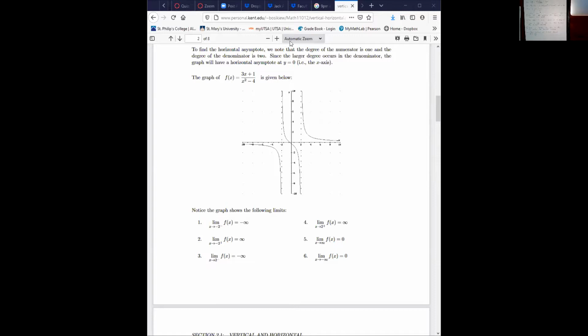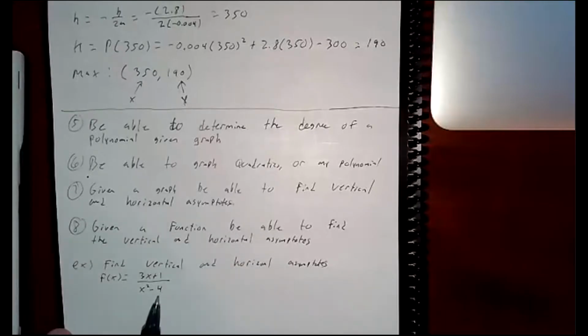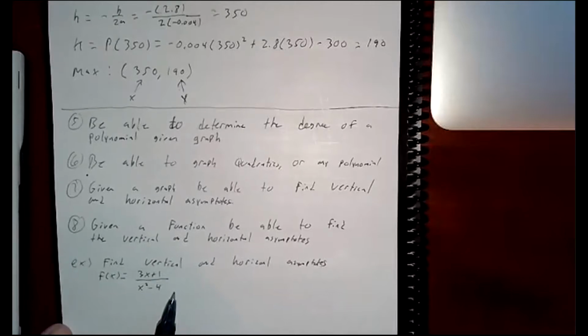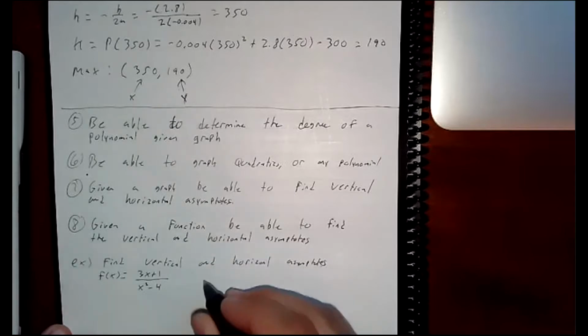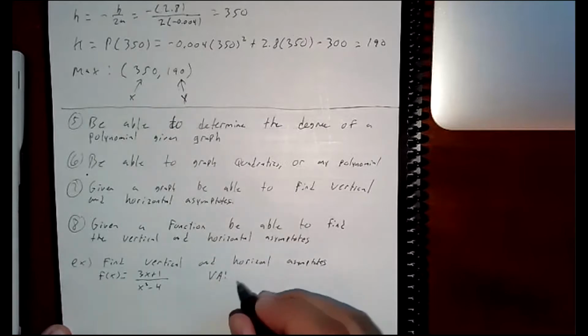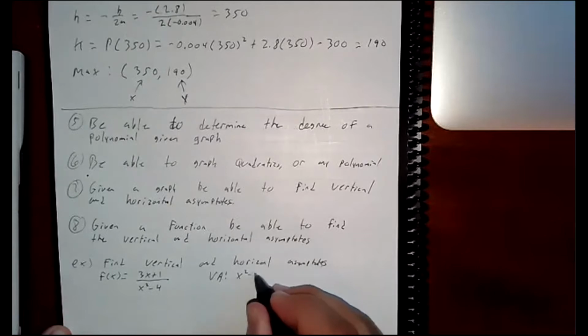Let's just do this random question. So then we had 3 different cases for horizontal. We said if the degree on the bottom is bigger, then the horizontal is 0. And then to find the vertical, you just have to set the bottom to 0. So the procedure for vertical is setting this to 0.